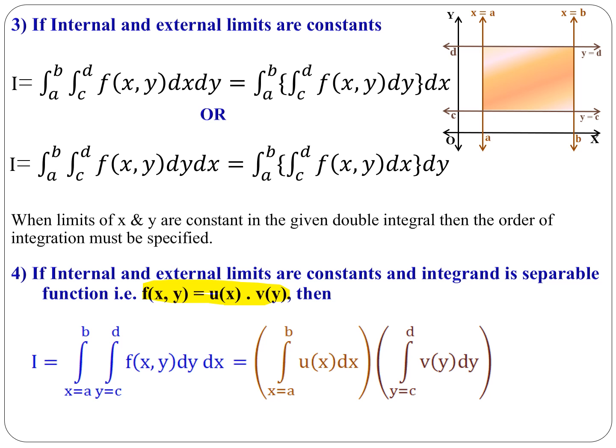Here if your function f(x,y) can be written as u(x) into v(y), then you can separately integrate u(x) with respect to x with the limits a to b, and simultaneously integrate v(y) with respect to y with the limits c to d. So if your function is separable and limits are constant, then it is a multiplication of two single integrations.